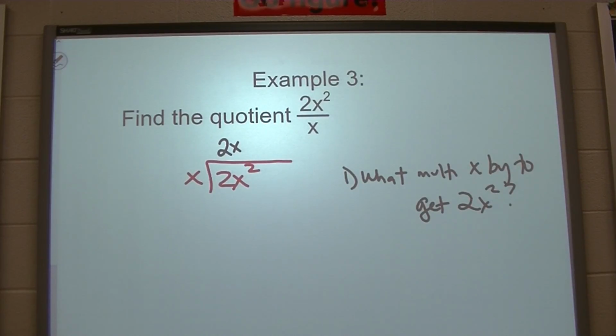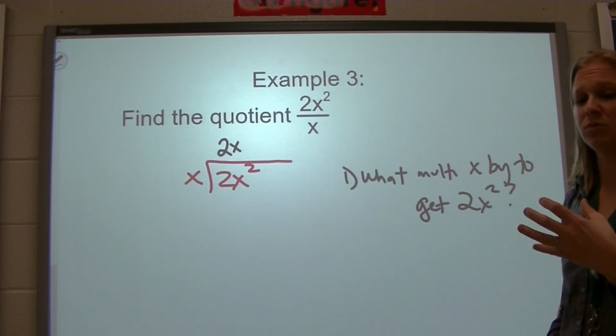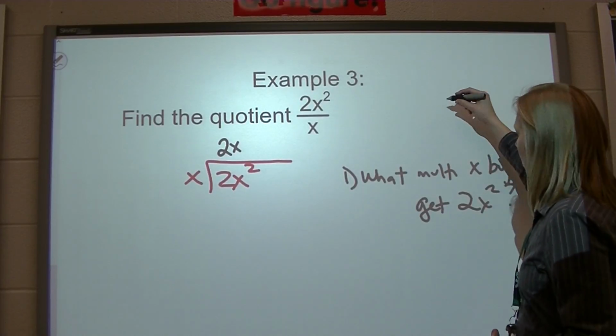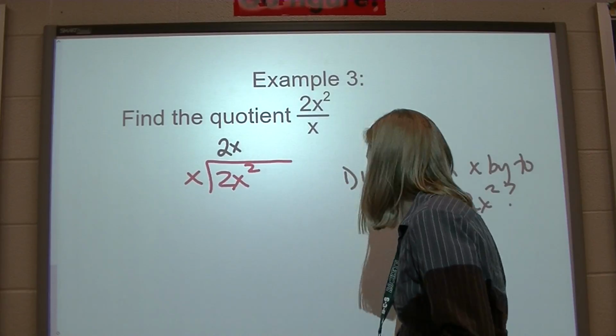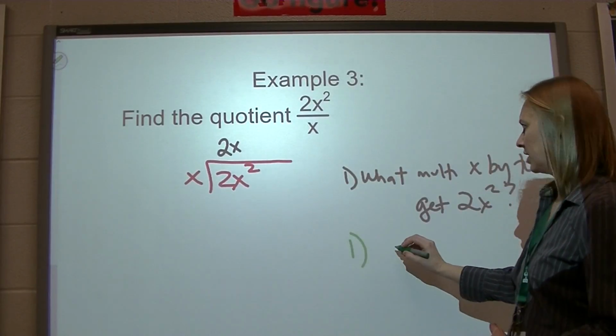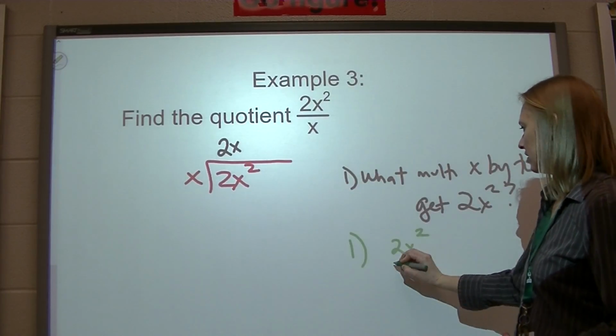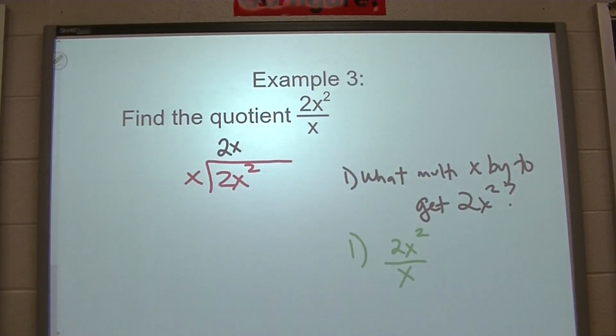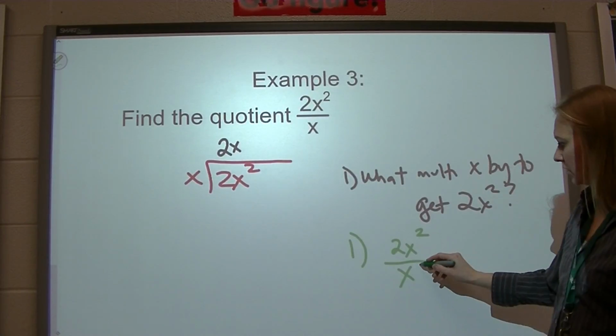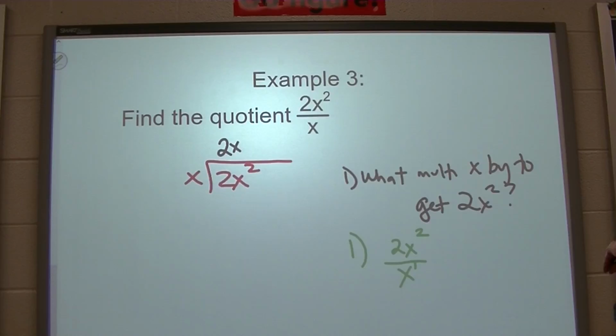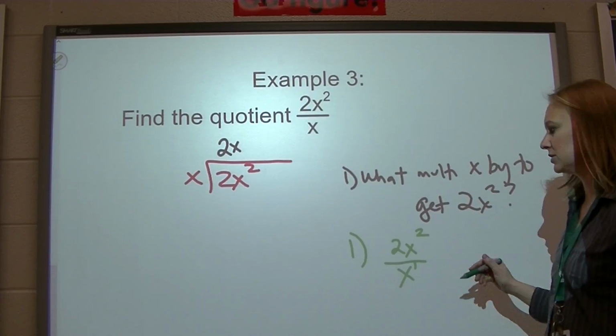If that's too confusing, which it's kind of tough, especially if you're already struggling with multiplying with exponents, another thing you could do, instead of this first step, you could say, okay, 2x squared divided by x is what? Now we talked about last lesson that when you divide variables, you just subtract your exponents.